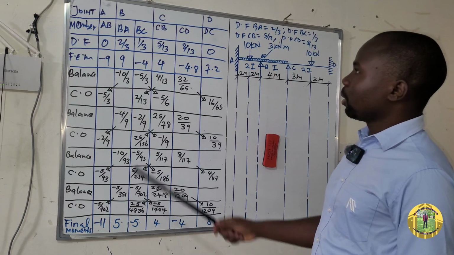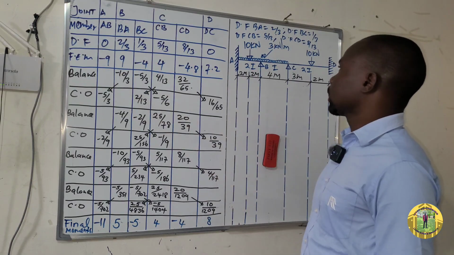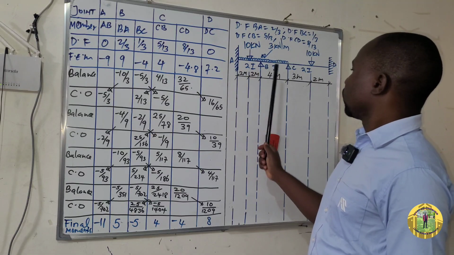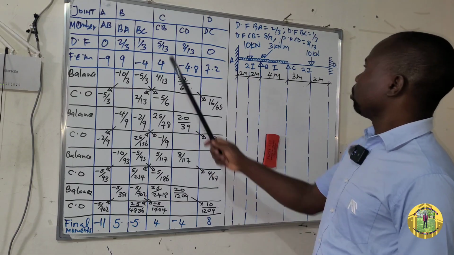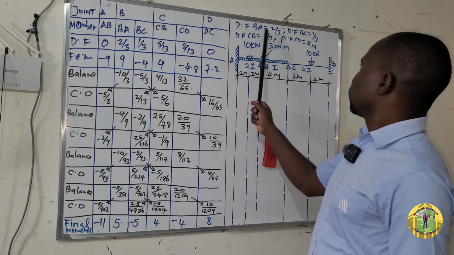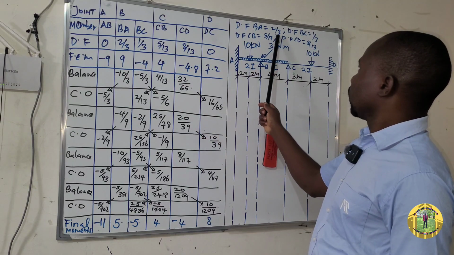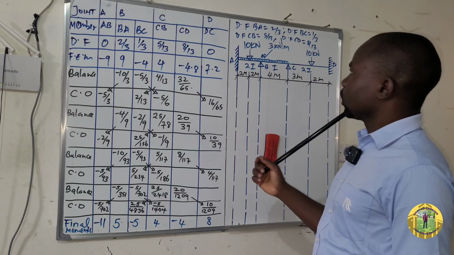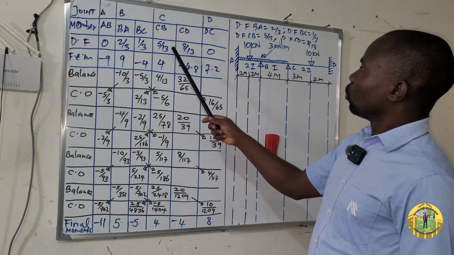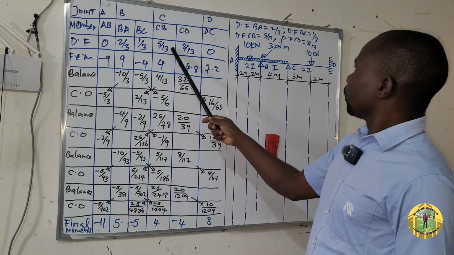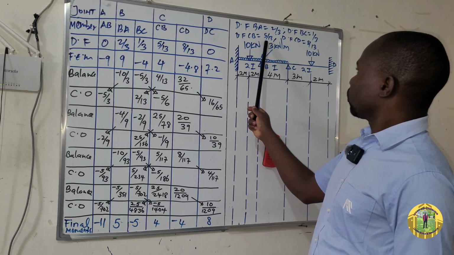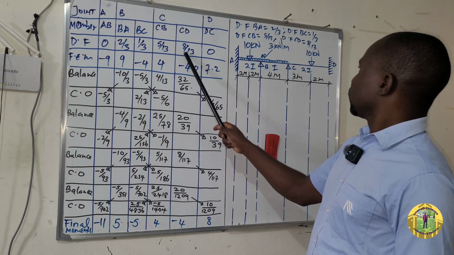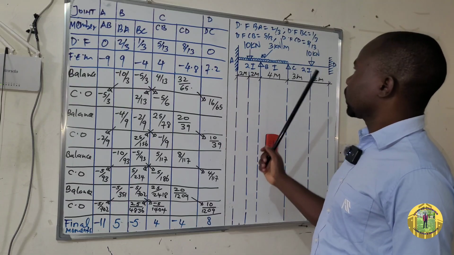And then below member, we have the distribution factors. For AB it is 0, and then BA is 2 over 3, and then BC is 1 over 3. We proceed to CB. CB is 5 over 13, and CD is 8 over 13.